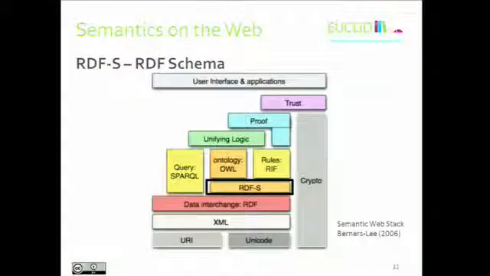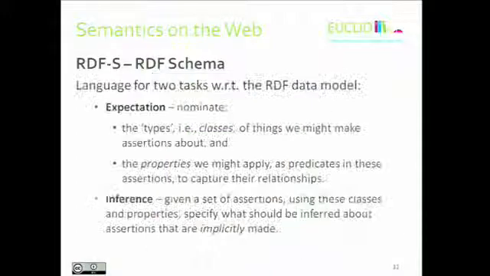Now, to continue the story, I should tell you a few things about the RDF schema language. Okay? As I said, schemas are a simple kind of vocabulary, and a vocabulary tells you classes, so the resources that group other resources together, and properties, so resources that are used as predicates to specify relationships. Now, there's two ways to read a schema document.